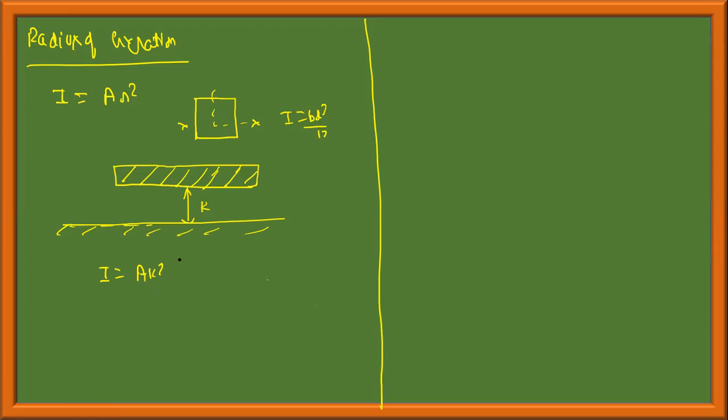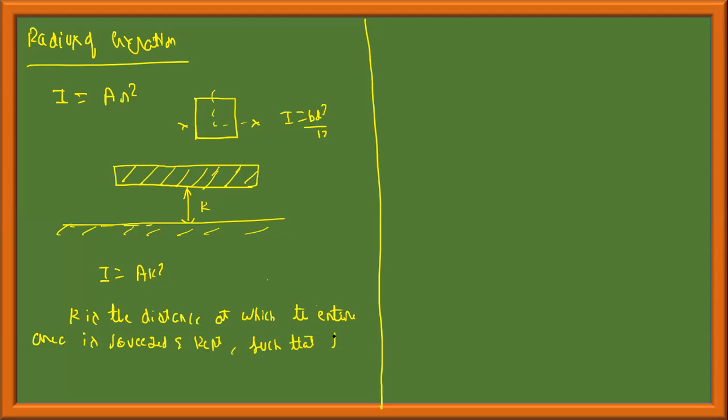So k is the distance at which the entire area is squeezed and kept such that there is no change in moment of inertia.